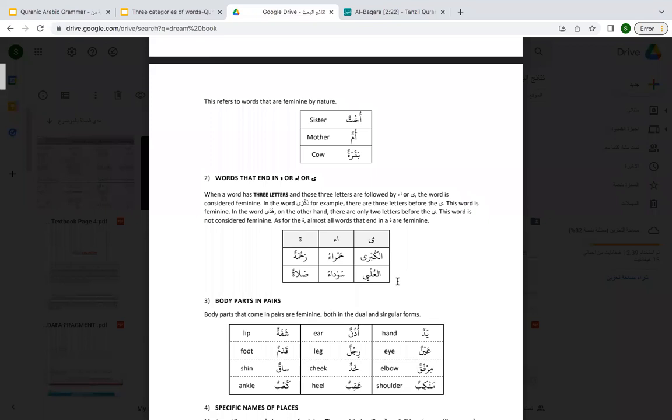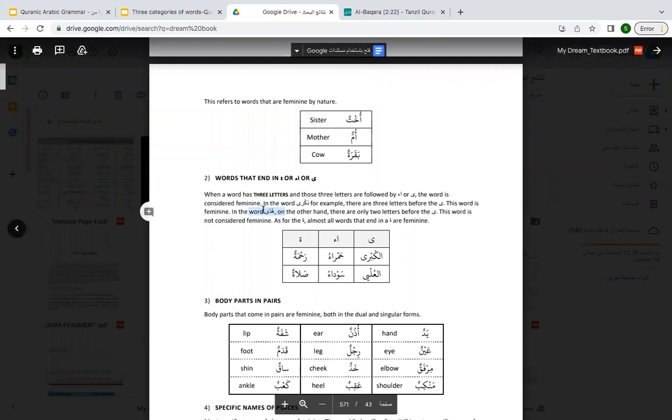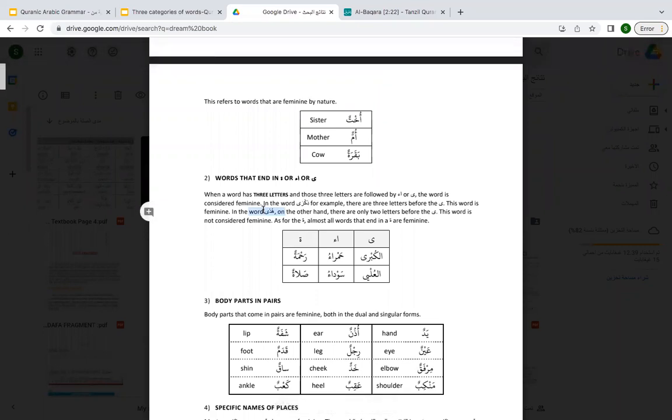So your word huda, here the word huda, is it masculine or feminine? Whoever is thinking that this word is feminine, what made them think so? What was the sign there? Alif maqsura.